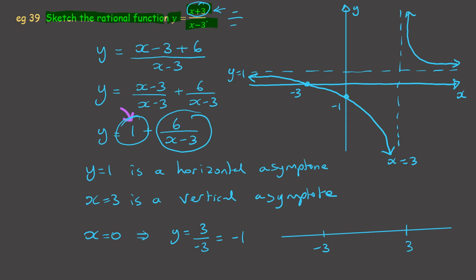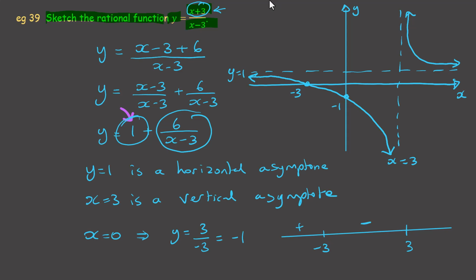That's why it's positive. Once you go between negative 3 and 3, what we would have then is a positive divided by a negative, and so that would be negative.